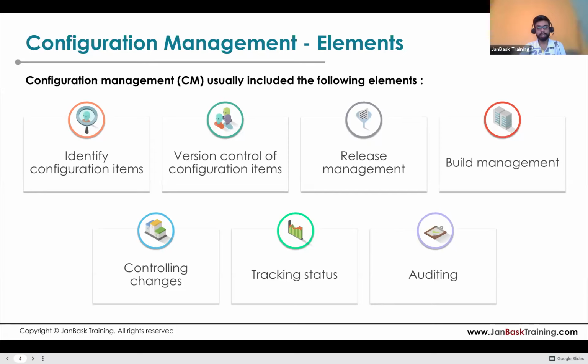Then controlling changes. As I mentioned, there will be different changes occurring when you are working on a particular product or project. You can use any software development life cycle model, and based on that, the changes will be happening, and then you need to control those changes. Then tracking status.